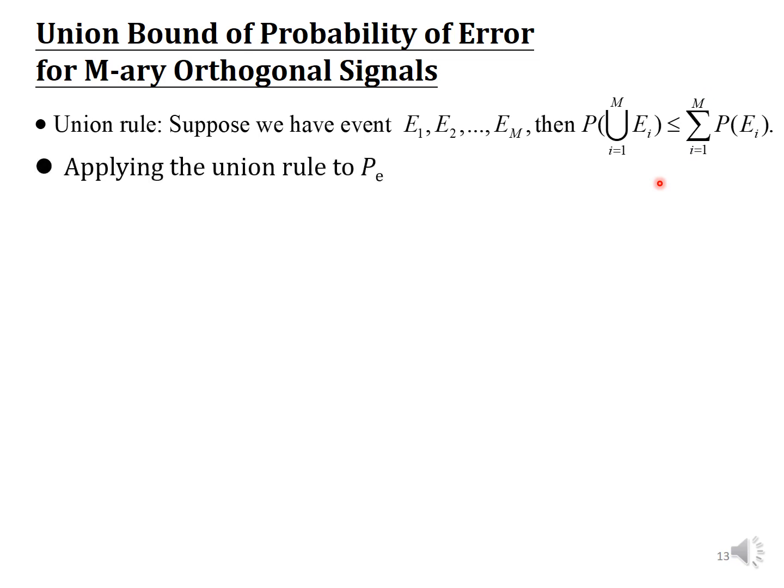So based on this rule, we can find the union bound of this error probability. Union bound helps to have a better understanding of the bound of the error.